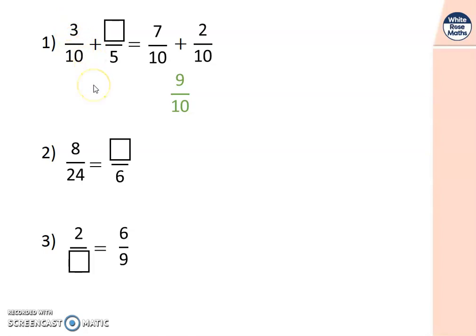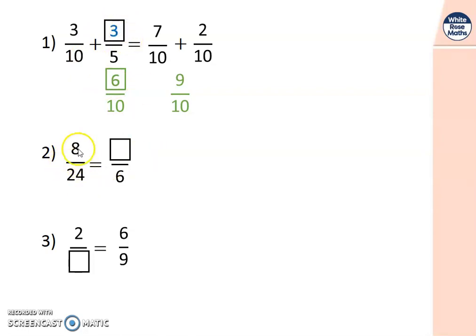That means we need another 6/10 to be able to work out what fifths we need. So we need to change 6/10 back into fifths. What do I do to 10 to make it into 5? I halve it. So I do the same to my numerator, halve it, and that's 3.